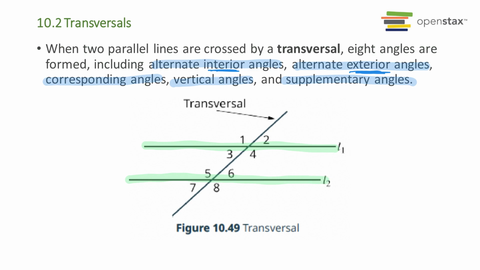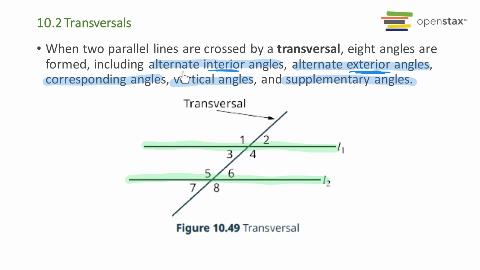So 3, 4, 5, and 6 are interior to the parallel lines. And when we talk about alternate, we're talking about with respect to the transversal. Alternate means kind of opposite. So 1 and 2 are alternate, and they're both exterior.